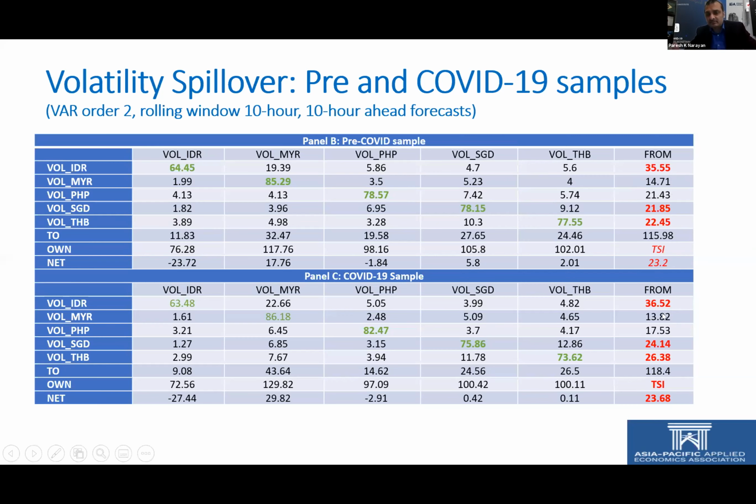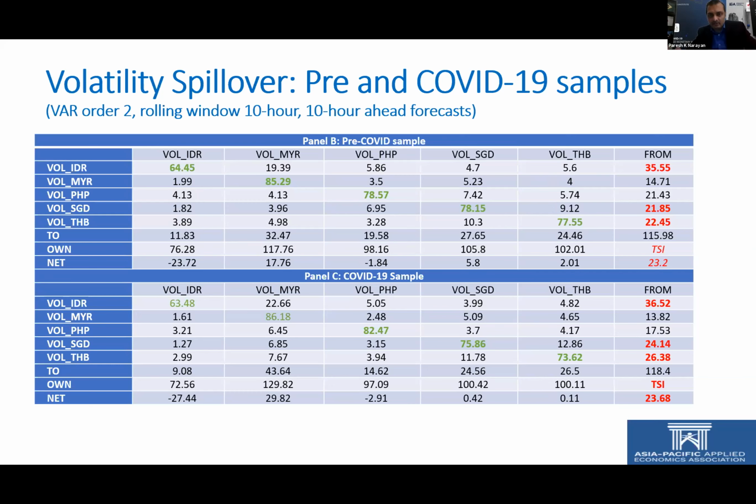Own shocks, like you can see in the green ones, and when I say own shocks, we're thinking in terms of theory, the random walk model. The random walk model is still very strongly valid in this case, both pre-pandemic as well as during the pandemic. We can see that the bulk of the variations are coming from one's own exchange rate shock.